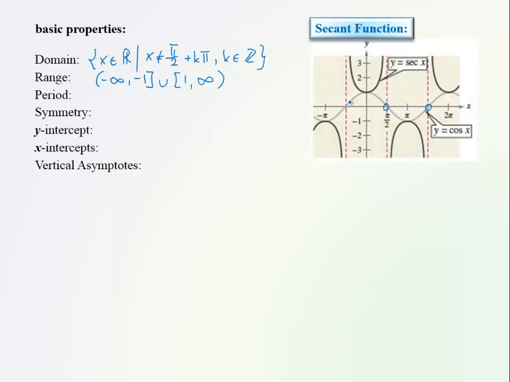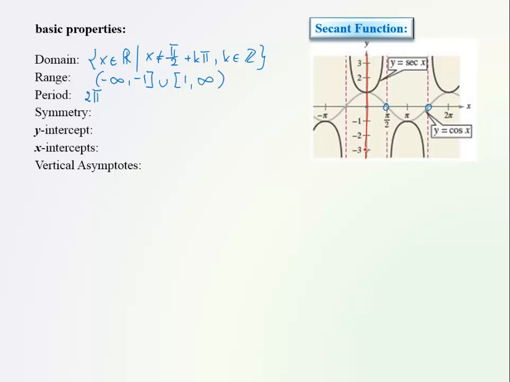Period. Well, the situation repeats itself every 2 pi. The curve looks the same, but the first time it's on the top and the second time it's on the bottom. So we must wait 2 pi before the whole pattern repeats itself. Therefore, the period is 2 pi, the same as for cosine. Symmetry. If we look at the y-axis, the shape is like a book.